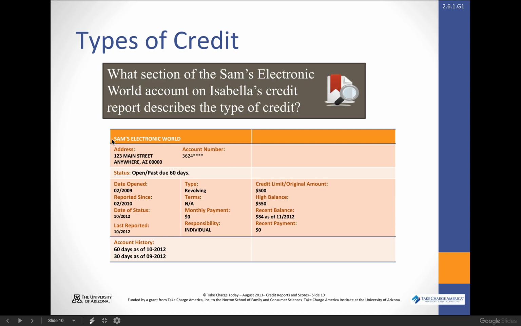It tells me the company name, their address, and then the details about my account history with this loan or with this lender. So it tells me when I opened it, if I currently still have it, the type of credit, how much I owe, and then some of those credit details.